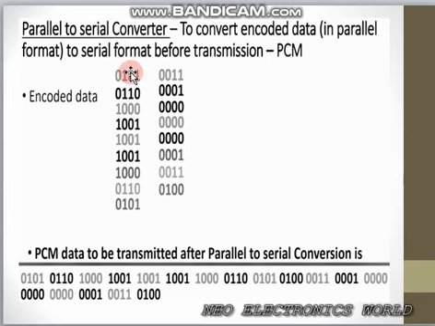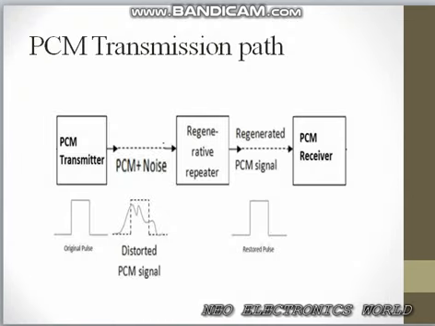The encoded data will be in parallel form. This should be in serial form in order to transmit easily. So we are just arranging this in serial form in order to get it transmitted easily. This is about encoding.